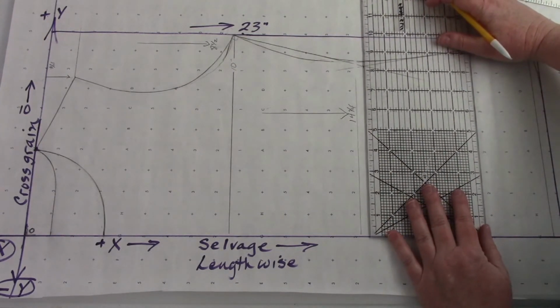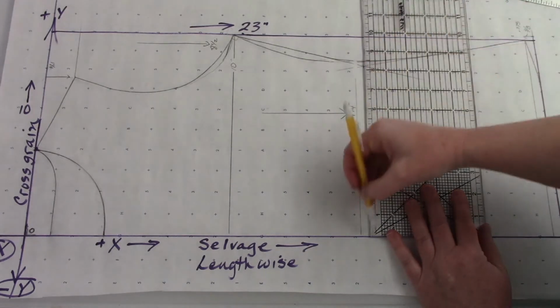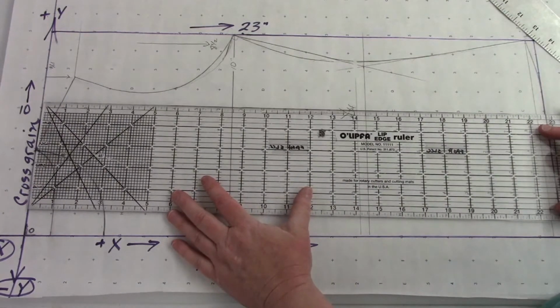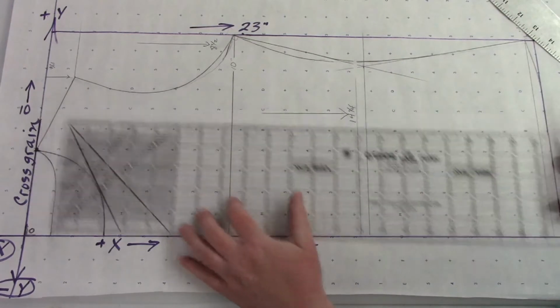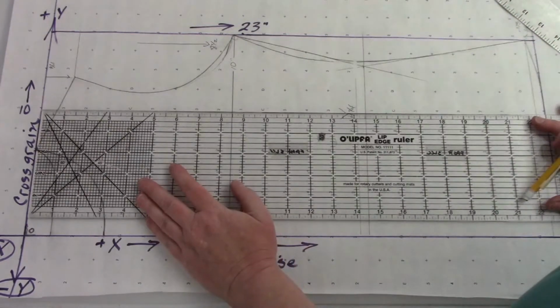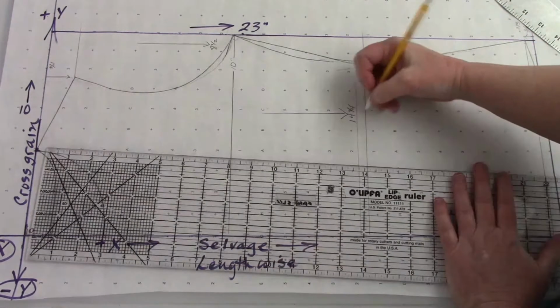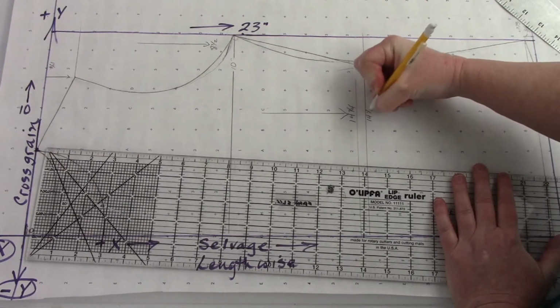And that means that that distance is actually 14.5. That's bigger than 1/4. Okay, 14.5.